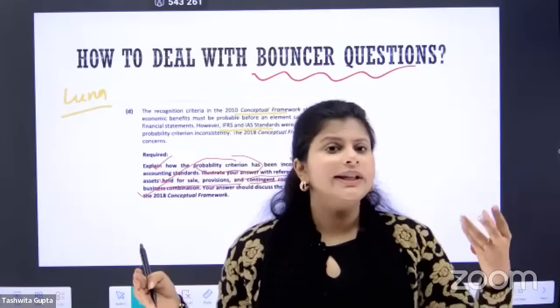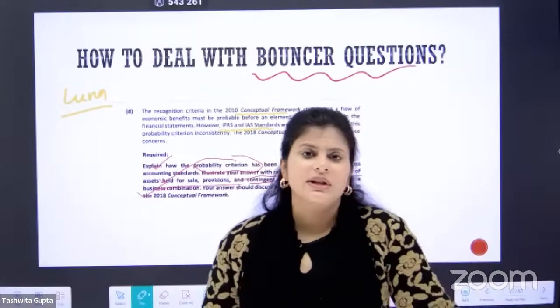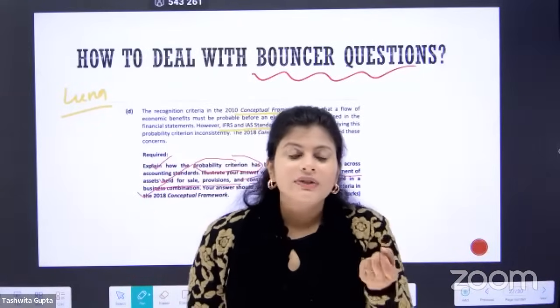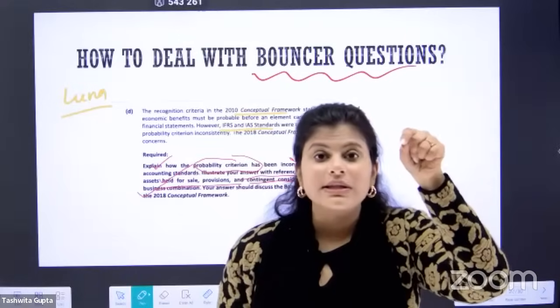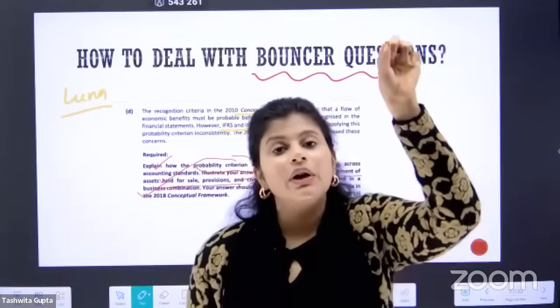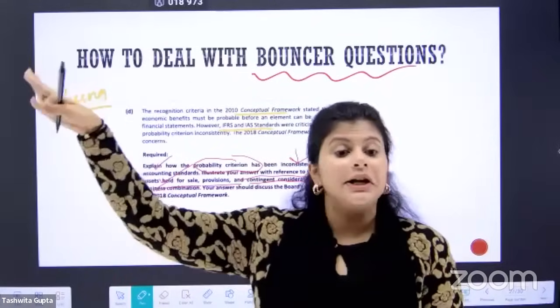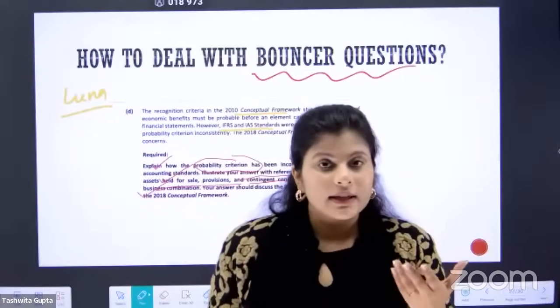They were just reading the definition of asset, an inflow of economic resources, blah, blah, blah. Now suddenly the examiner asked a very minute concept: relate the probability of the conceptual framework with the probability of many standards. Like IS 37 talks about probability.